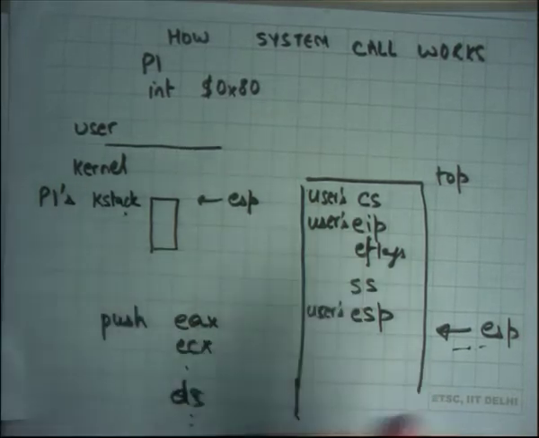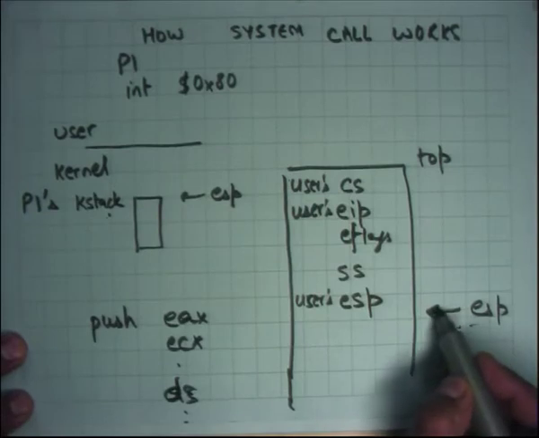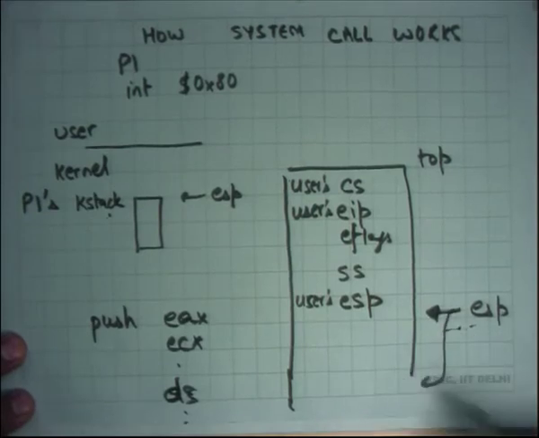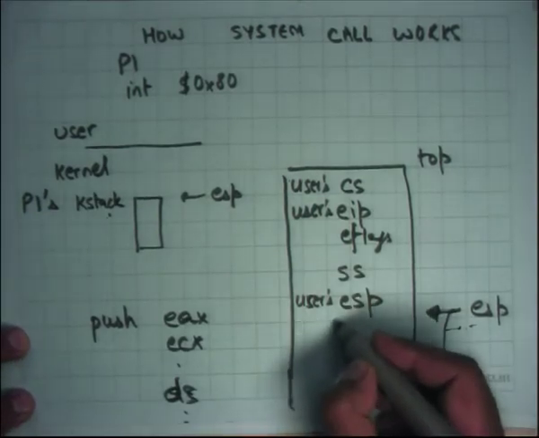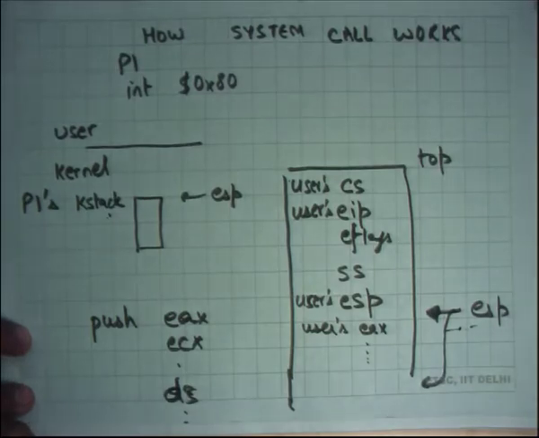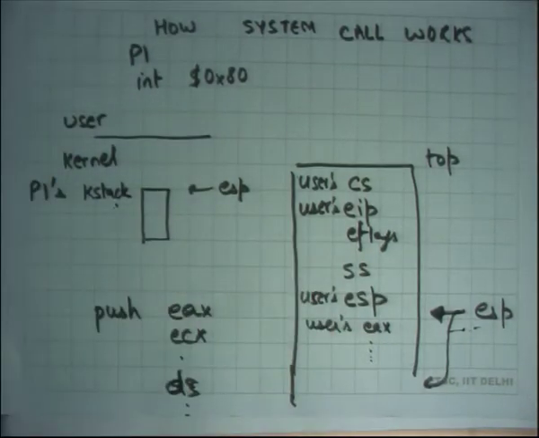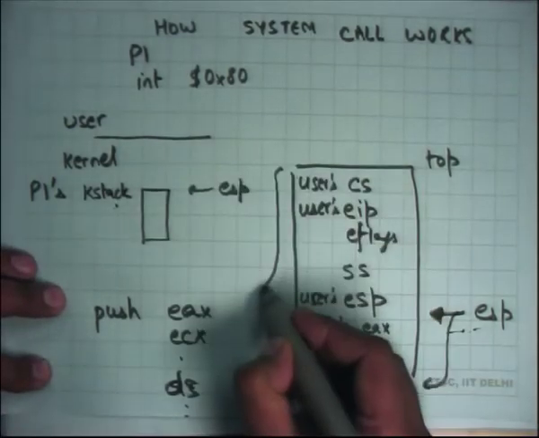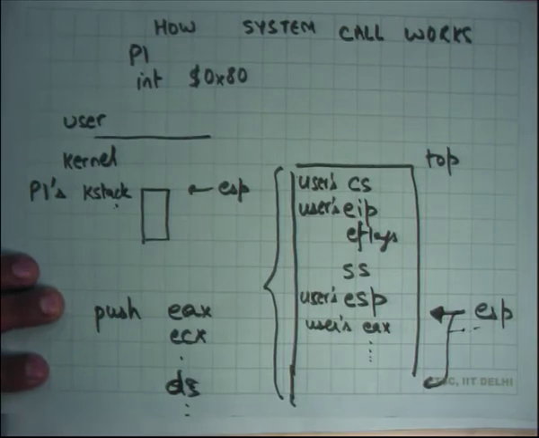So it's going to push all these registers, and eventually at some point ESP is going to come here, and you're going to have, let's say, the user's EAX and so on on the stack, right. So the kernel stack is a nice place where you can save all this information about what were the values of the user registers at the time of this interrupt instruction, right. And so this entire structure is called the trap frame.